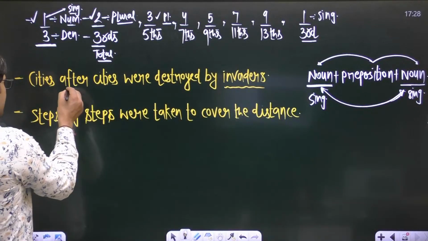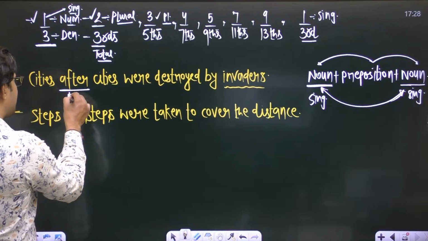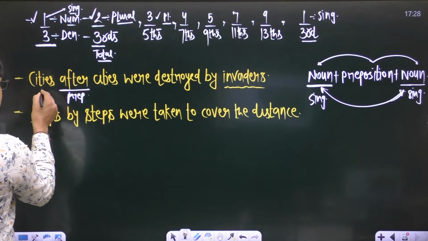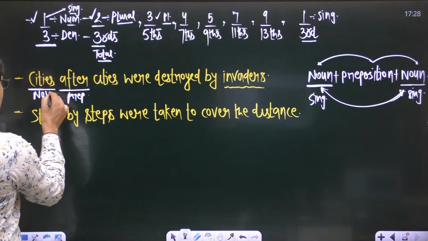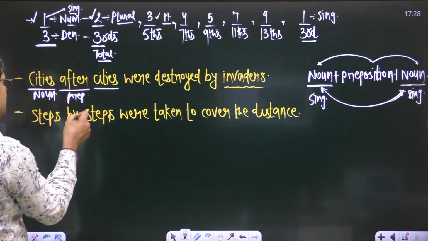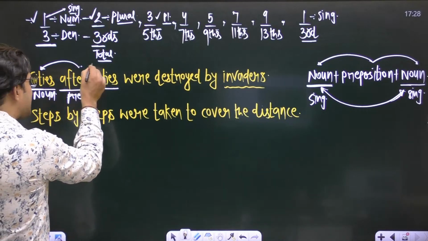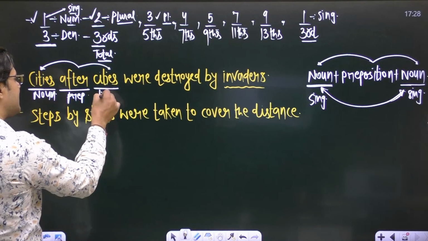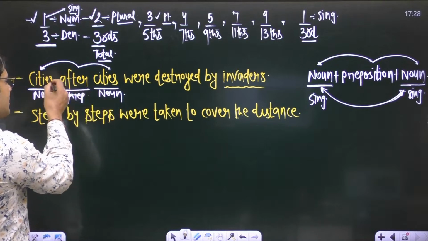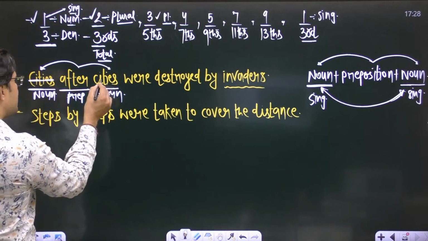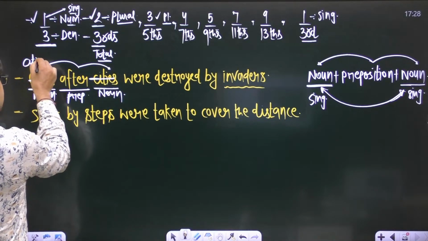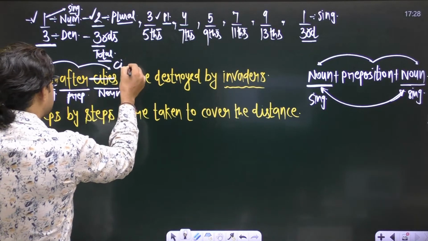Let's talk about this sentence. This after is a preposition, and you are finding a noun followed by a preposition, meaning before the preposition we have the noun cities, and the same noun is after the preposition, cities, right? So if both the nouns are similar, both the nouns will be singular, this one will be city, this one will also be city, right?